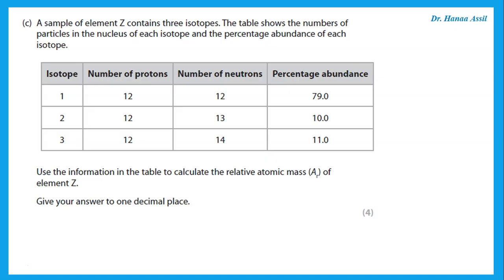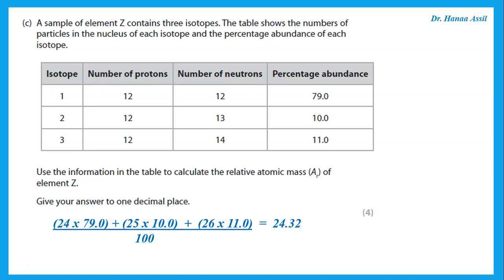Mass number is the total of protons and neutrons. So, to get the relative atomic mass, it is the mass number of the first one, so 12 plus 12, that's 24, times the abundance, plus the mass number of the other one, 12 plus 13, times the abundance, plus the mass number of the other one, 26, times the abundance, over 100. That gives you the relative atomic mass.